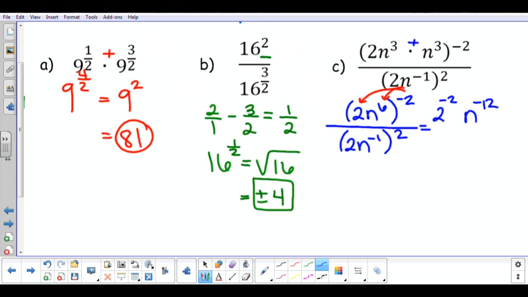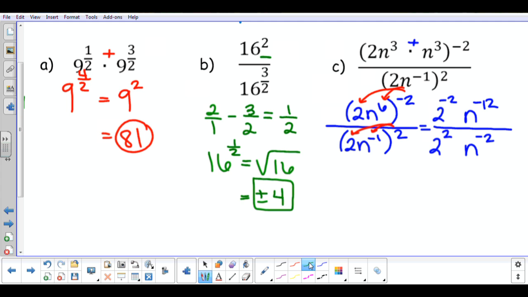In the denominator, I'm going to do the same thing. My +2 exponent will go to the 2, as well as the n to the -1. So I'm going to have 2 squared and n to the -2nd. With negative exponents, they need to change their location.